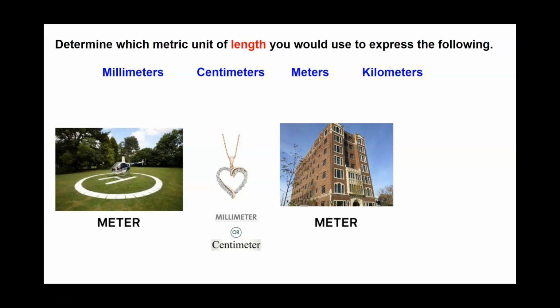Because remember, kilometers is what we're talking about when driving a whole distance. If I took my car up the side of this building, I'd be there in no time. There's no reason to measure in kilometers. Does that make sense? If I need my car to measure something, then we say kilometers. If I don't need my car, we say meters.